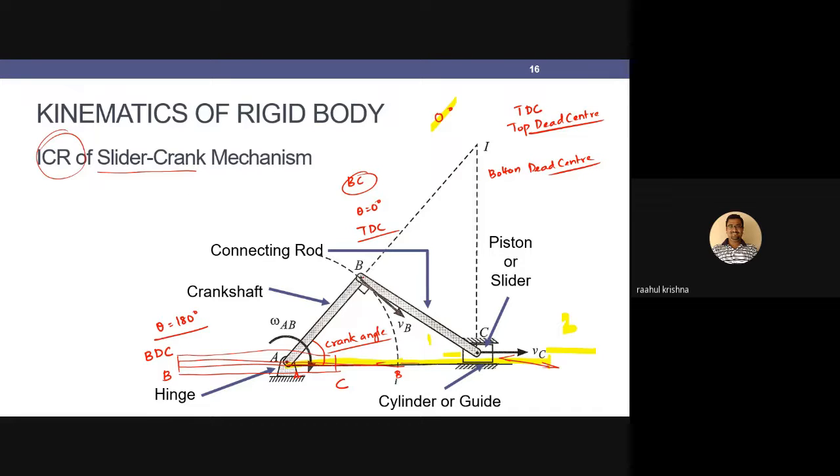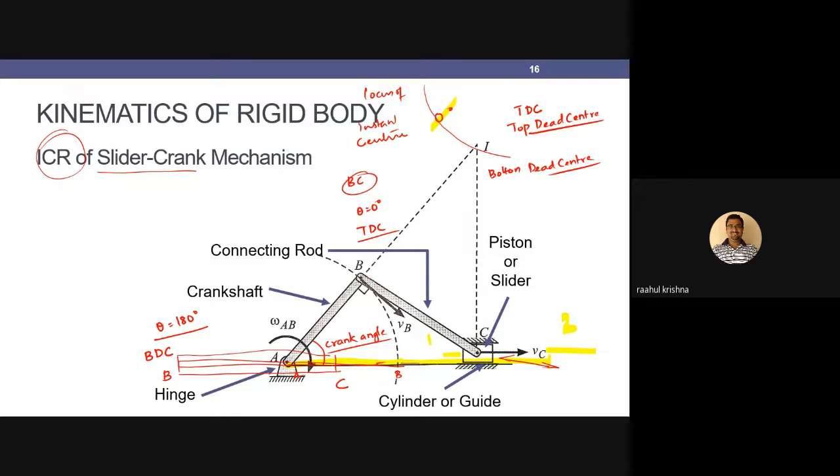The end B is continuously rotating, the end C is continuously sliding. This is called the locus of the instantaneous centers, which may again be in the form of a circle, or maybe a portion of a circle.